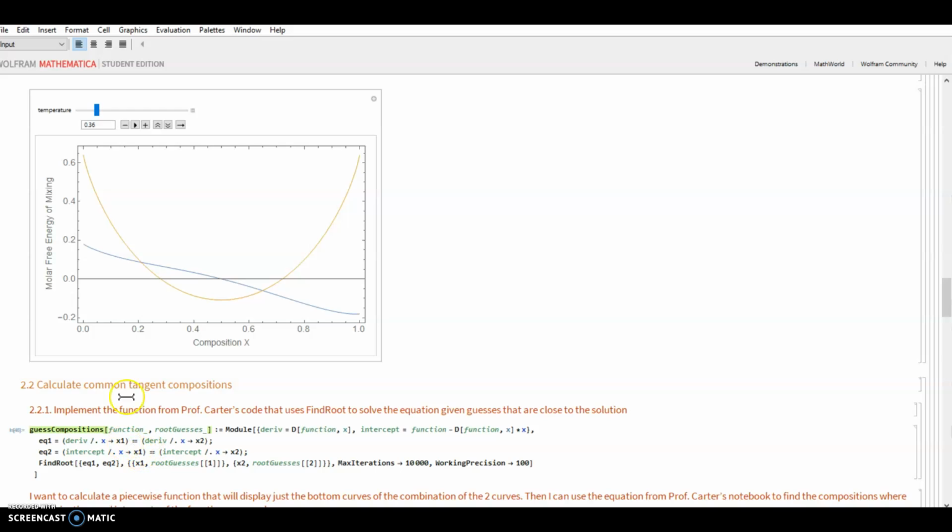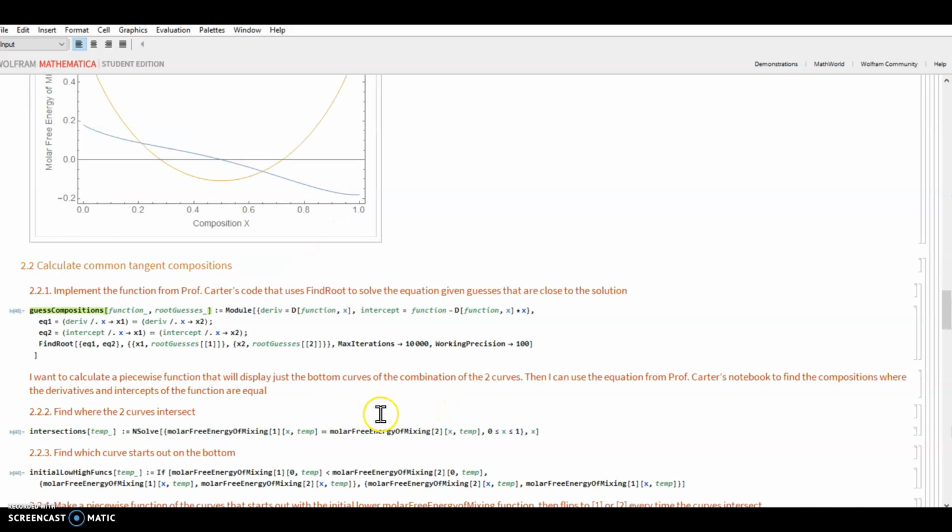If the derivative is equal and the y-intercept is equal, they lie on the same line, and this must be a common tangent composition. We have to use the FindRoot function because this is a computationally difficult problem, and FindRoot takes in guesses, which makes it easier for it to solve the equations.